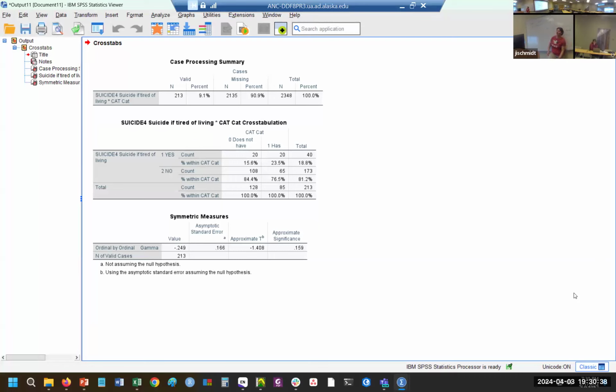All right, so tell me a story. When you get into your dissertation or your capstone reports, you have to take these numbers and tell a story. So what story is this table telling?